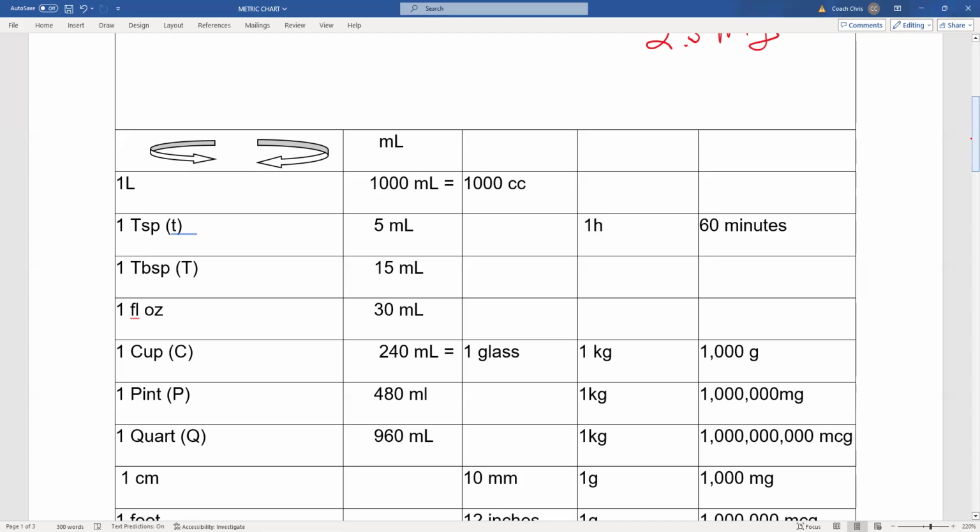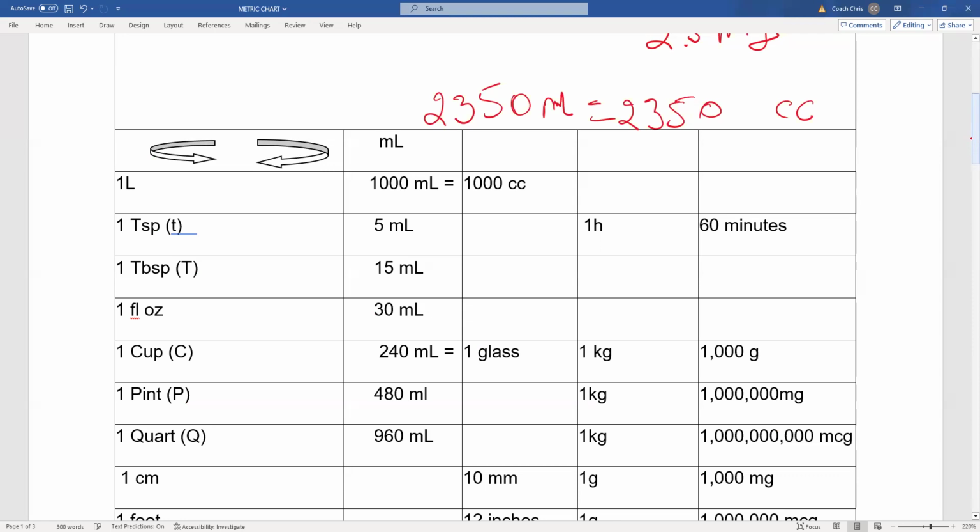So if they ask you 2,350 milliliter equal how many cc? Since you know 1 milliliter is the same thing as a cc, so it's going to be 2,350 cc. So don't forget that. So 1 liter equal 1,000 milliliter. It means what?